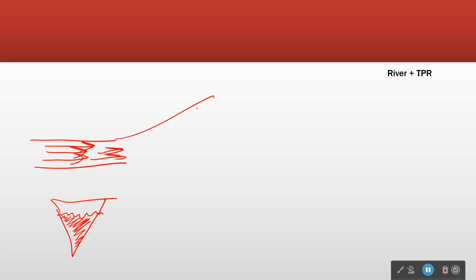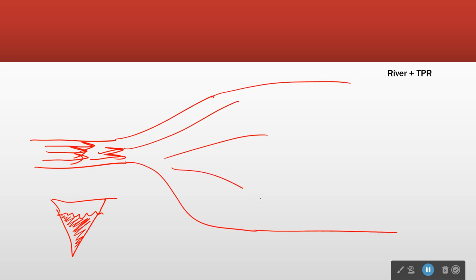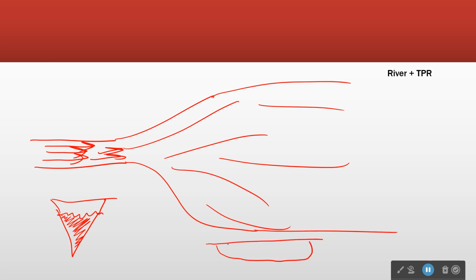All right, now let's say that our river enters a big, wide valley, and it spreads out, right? So here's our river. Now if we were to look at the river from the side, it would look like this, right? So the same amount of water passing through here is passing through here, because we don't have a dam or anything.